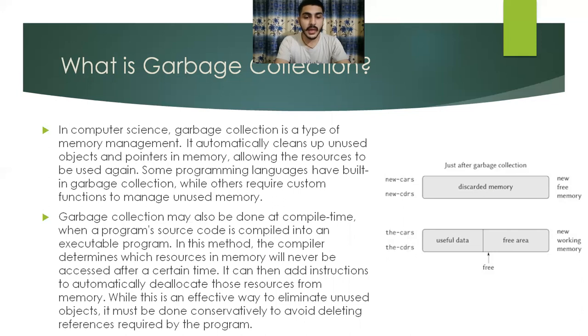Garbage collection may also be done at compile time, when a program's source code is compiled into an executable program. In this method, the compiler determines which resources and memory will never be accessed after a certain time. It can then add instructions to automatically deallocate those resources from memory.